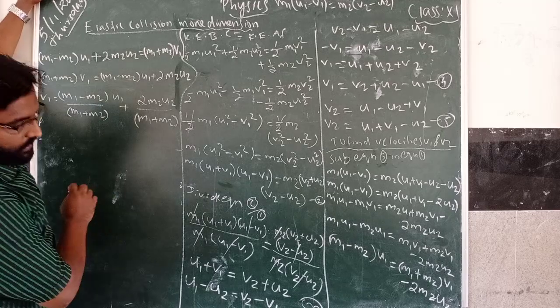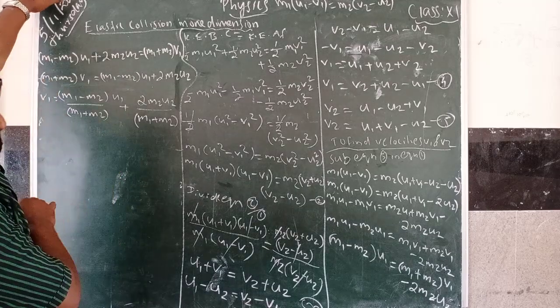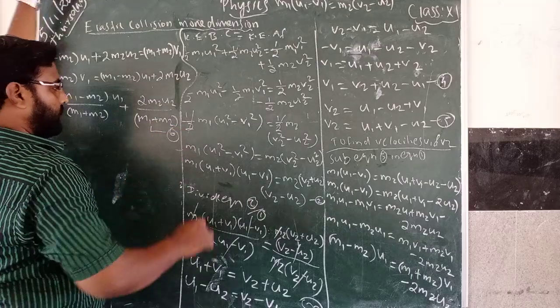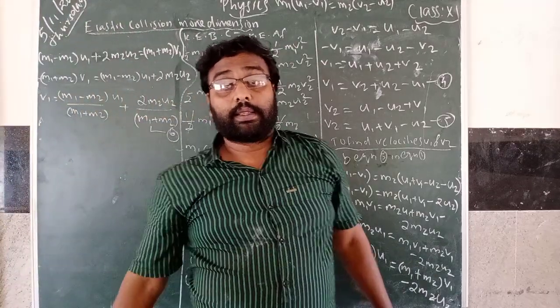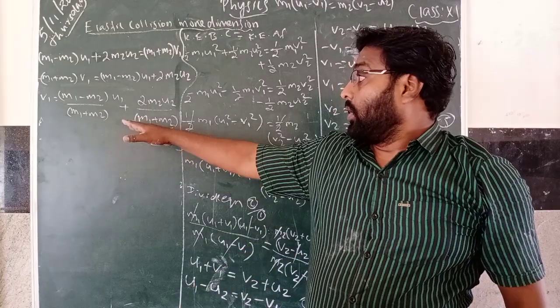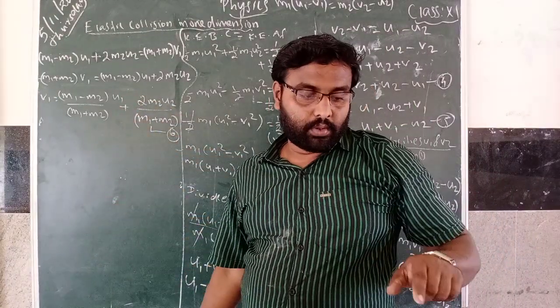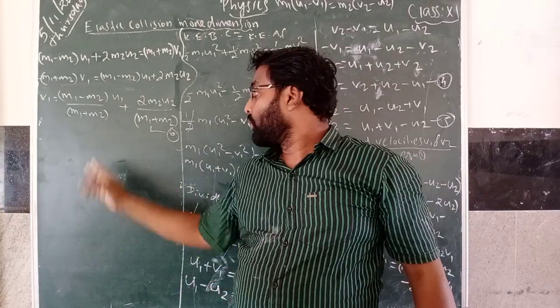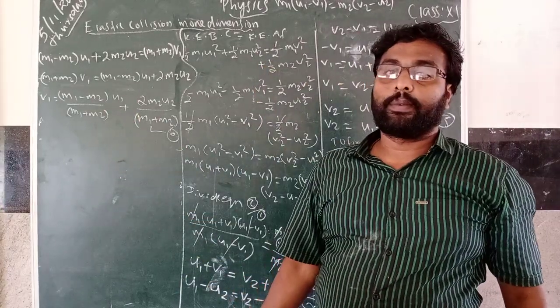This is equation number 6. So you got the v1 value. So (m1 minus m2) divided by (m1 plus m2) into u1.